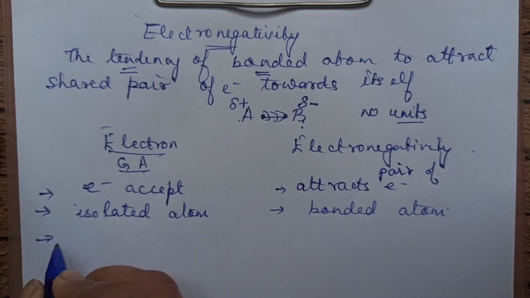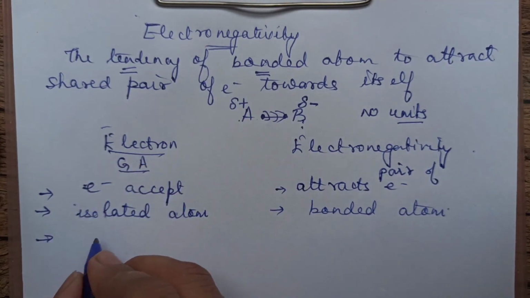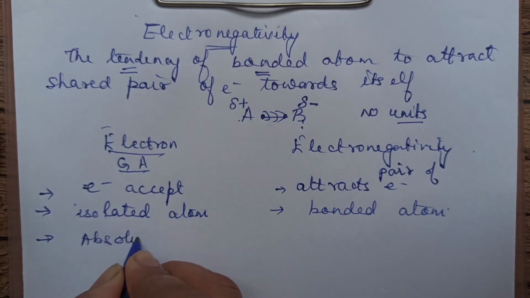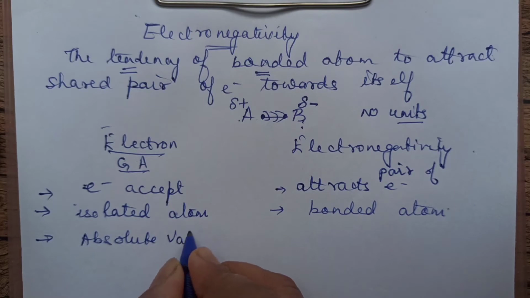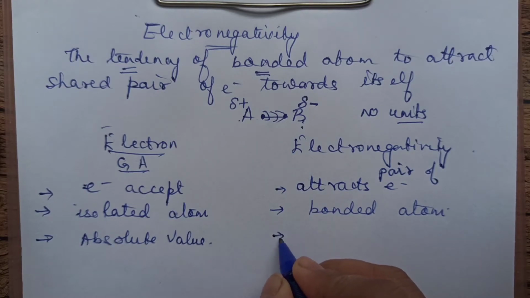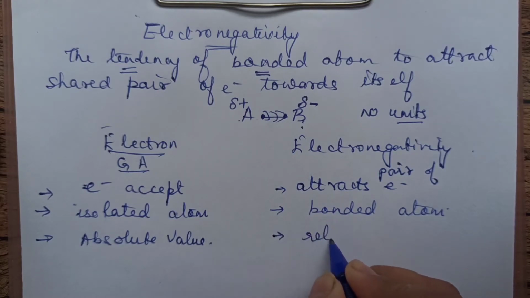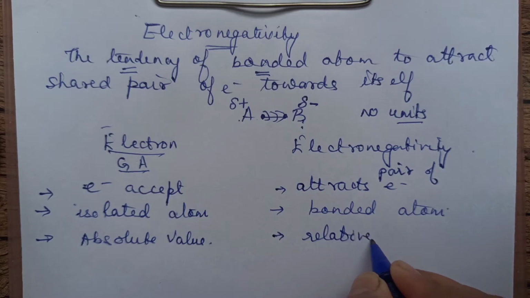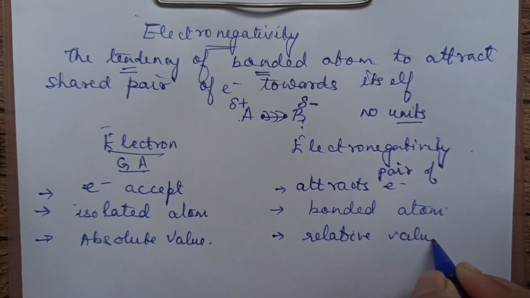Clear? Now, electron gain enthalpy gives you the absolute value. You can say this much is electron gain enthalpy. It gives you a fixed value. Whereas electronegativity only talks about relative value. We will be talking about the scales, then this point will be clear.